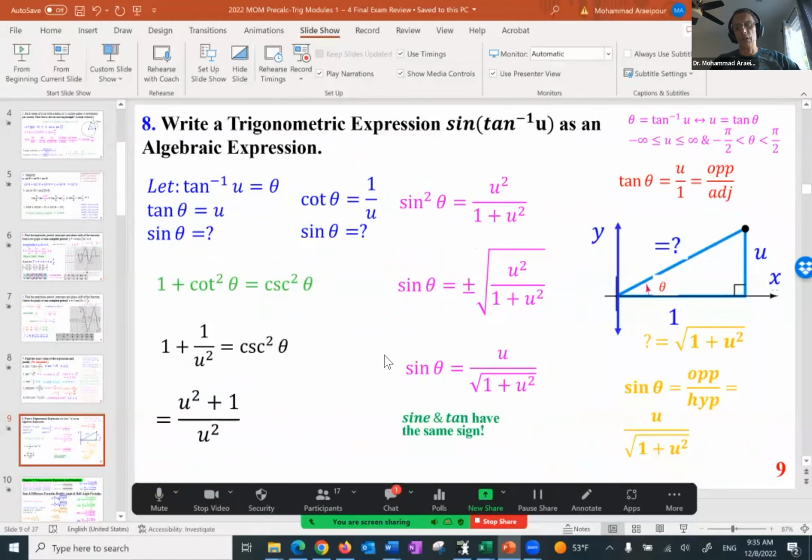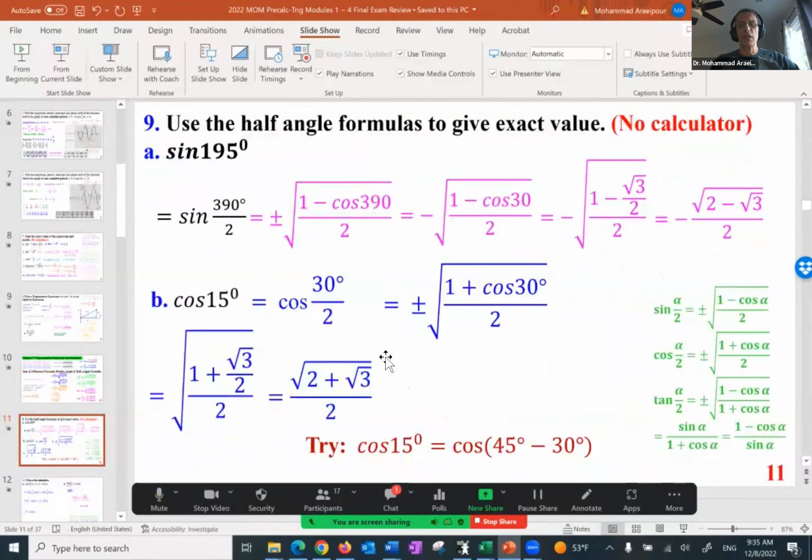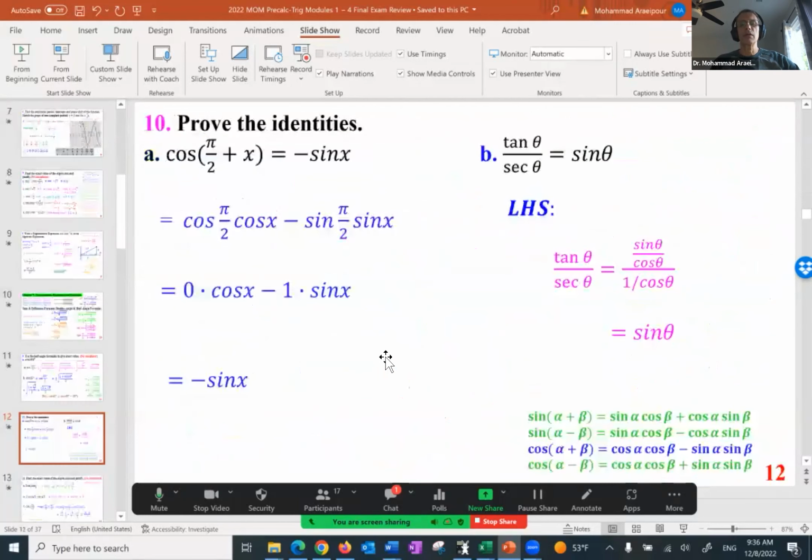We looked at more inverse functions. We added trigonometric identities, such as sum, difference, half angle, double angle, and so on. We used them to come up with the exact value of certain functions. We looked at proof of some identities.